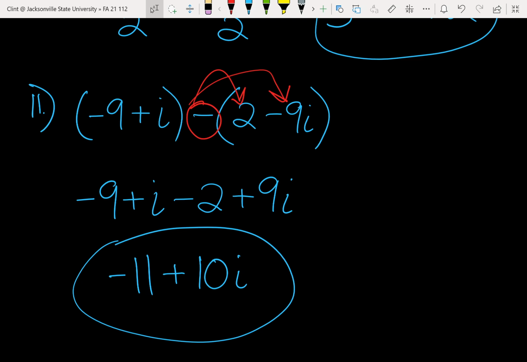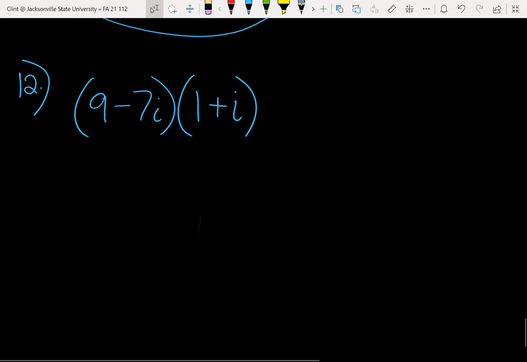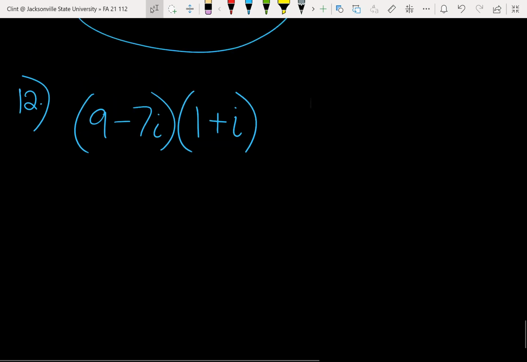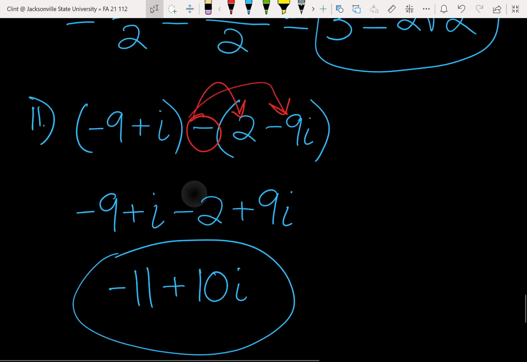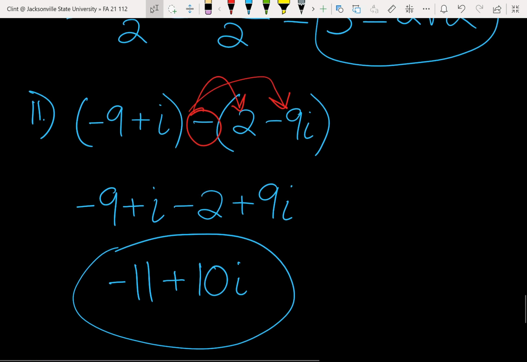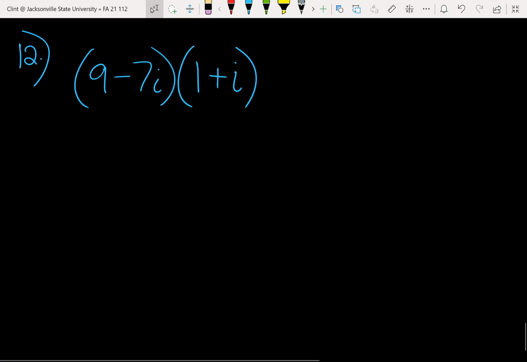Number 11 is subtraction because it has a minus sign between them. And then number 12 is multiplication because there's not a sign in between them, right? They're just right next to each other. People won't notice the minus sign and they'll just start multiplying before they really think about what they're doing. So just watch out for that. Make sure you know whether you're supposed to be multiplying or adding or subtracting.